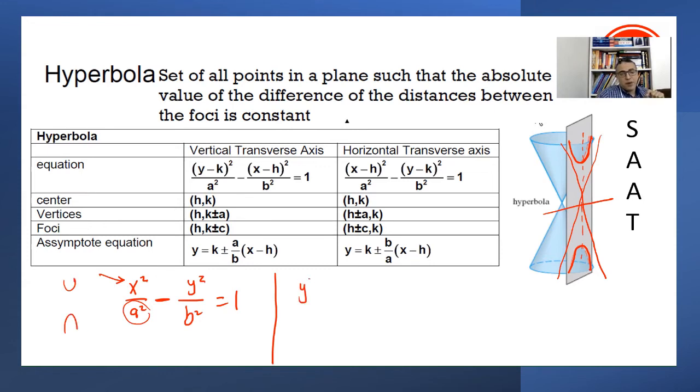But if it starts with y, even if the small number is here, the hyperbola opens to the right and left. Again, it depends on which term it starts with. In the ellipse, we look for the major axis and minor axis. But in the hyperbola, we look at which term the equation starts with. If it starts with x squared, it opens up and down. If it starts with y squared, it opens to the right and to the left.